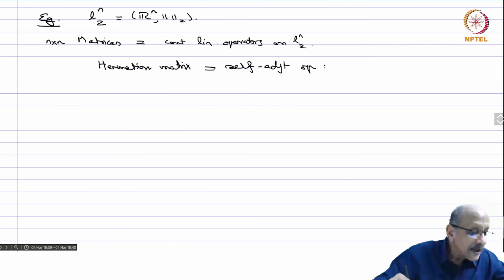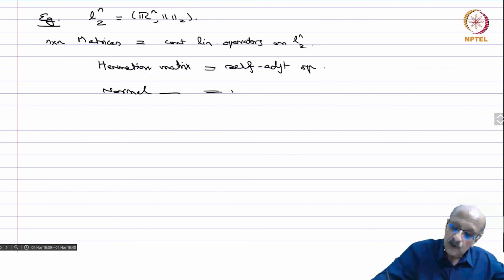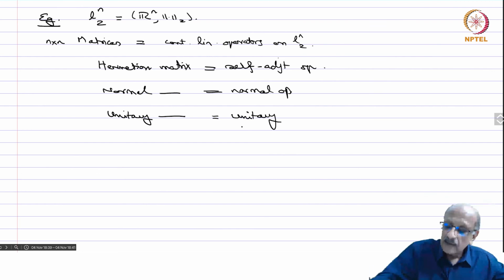The operator defined by a normal matrix gives you a normal operator. And if you have a unitary matrix, then you get a unitary operator. So we are just retaining the terminology of these things.